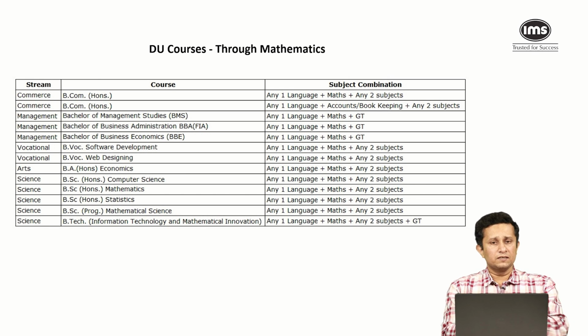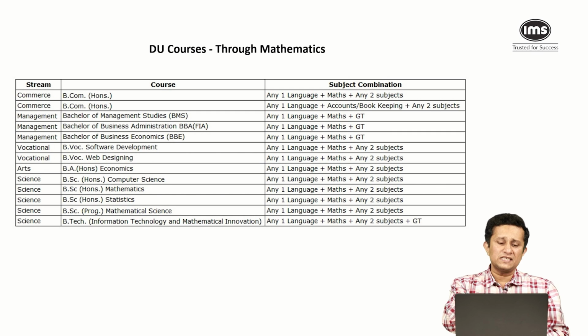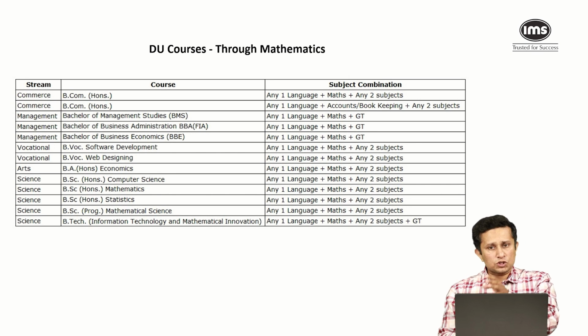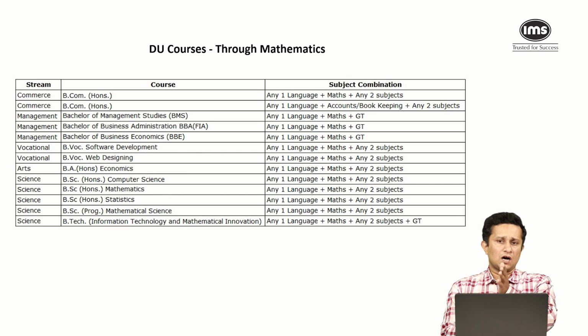On the arts side, again a flagship course, BA Honors Economics. Similar combination. So if you see all these science and arts based courses, the combination remains the same. One language, maths, two subjects. The most common combination could be English, maths, accounts and either eco or business studies, one of the two.